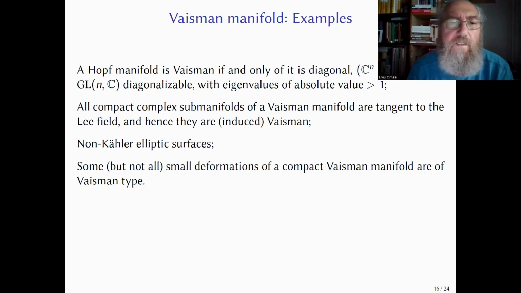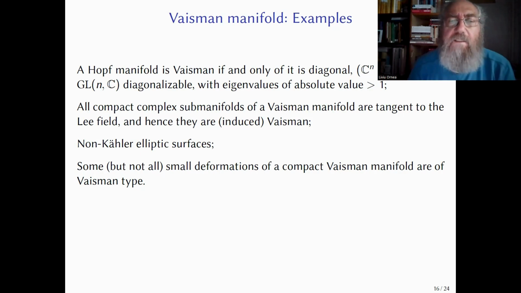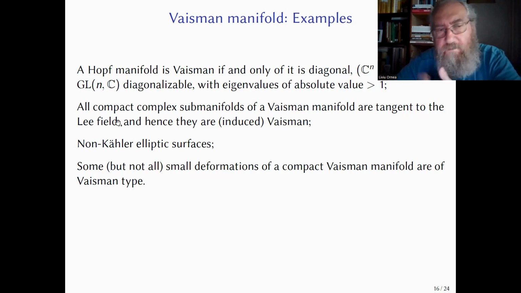But if you look at the first papers until 98 or 2000, it's full of generalized Hopf manifolds. And then we proved that a Hopf manifold is Vaisman if and only if it is a diagonal Hopf. Compact complex submanifolds in Vaisman are again Vaisman because, as we shall see, they are tangent to the Lee field.